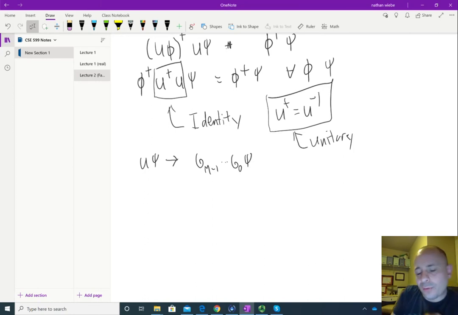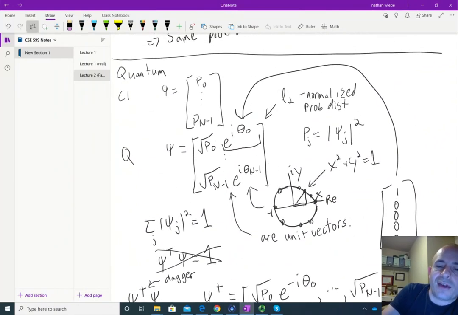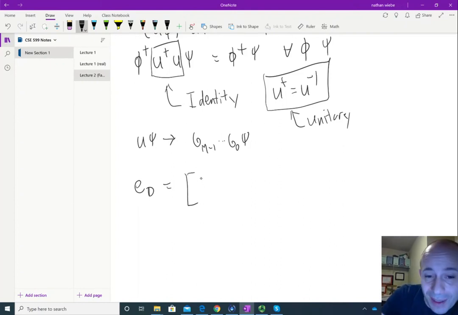Now, there's another thing that I also want to note: because the vectors over here have this e^{i phi}, we run into an issue. Let's say we wanted to represent E1 or E0, which for a 1-bit case in quantum land, called a 1-qubit case, could be expressed as this. But because of the phase, we can always replace that by e^{i theta}, and we end up getting the same thing.